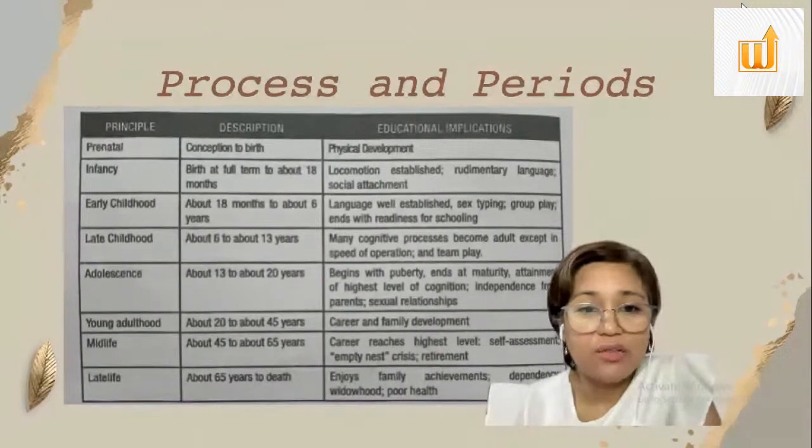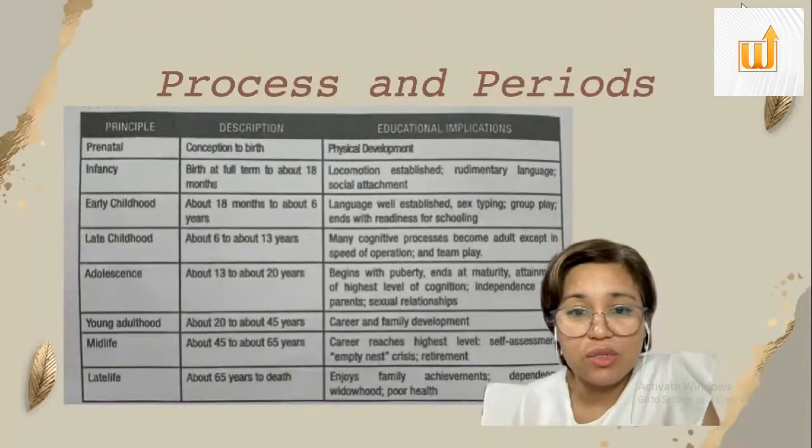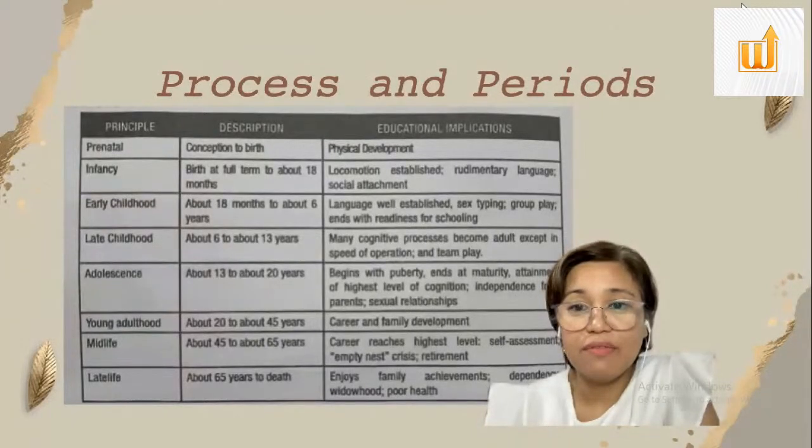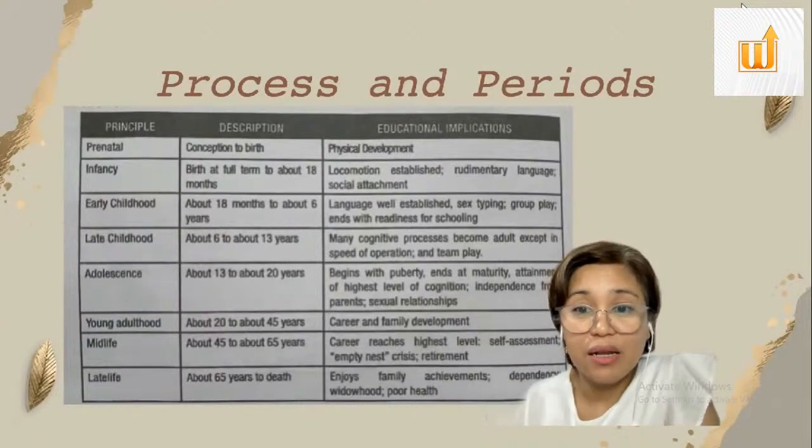And then in early childhood, about 18 months to 6 years, we look at how language is established, and the sex typing, no, knowing if she's a boy or a girl, physical in nature, and then looking at the group play that will end in readiness for schooling.